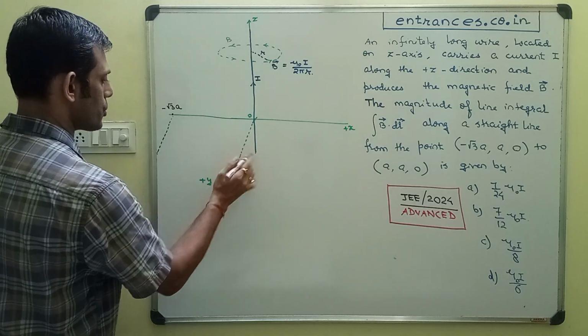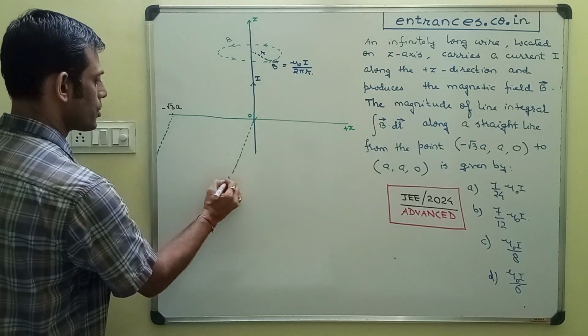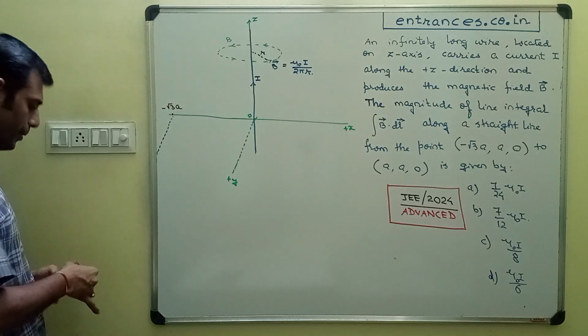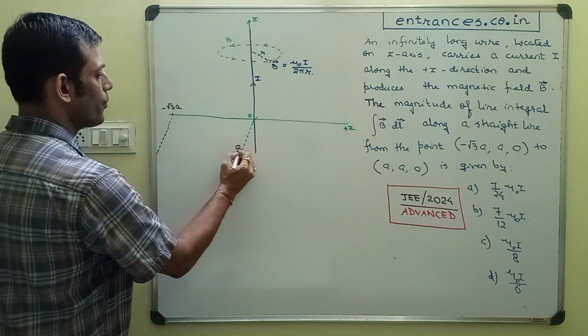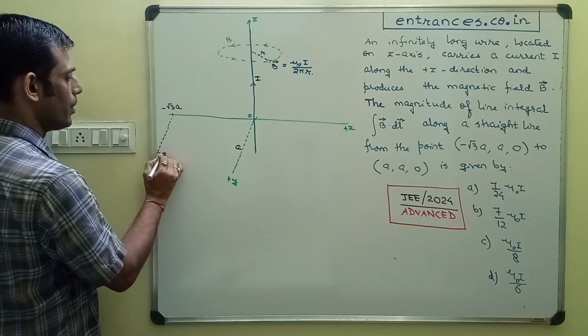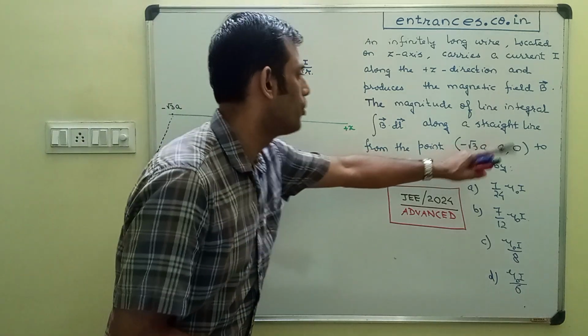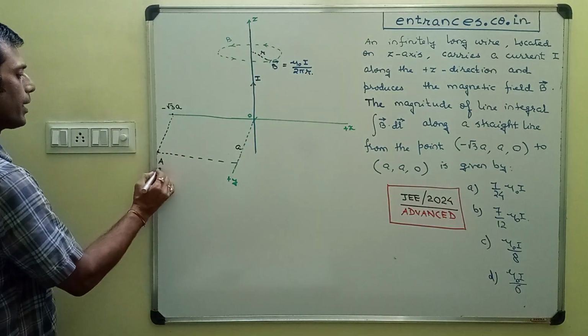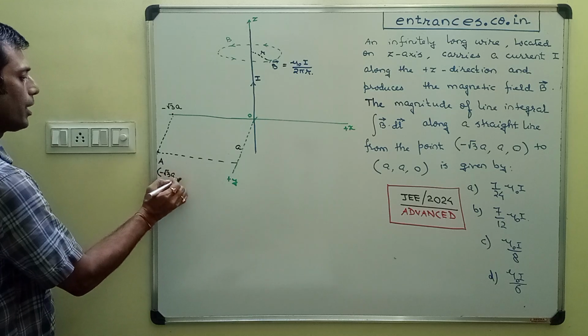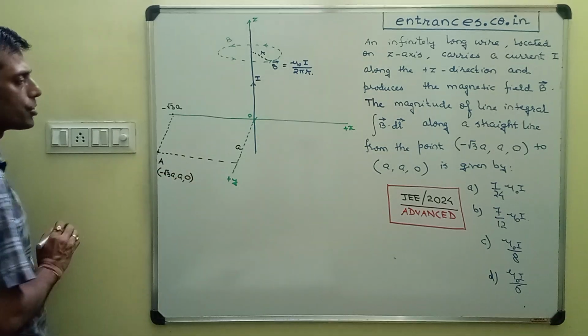Let's say this is the plus y-axis, and this is the length of a. So we have this position as minus root 3a comma a comma 0. This point A is minus root 3a comma a comma 0.